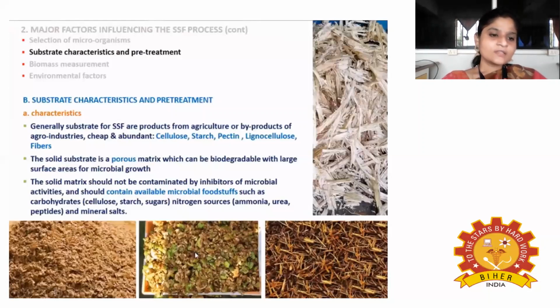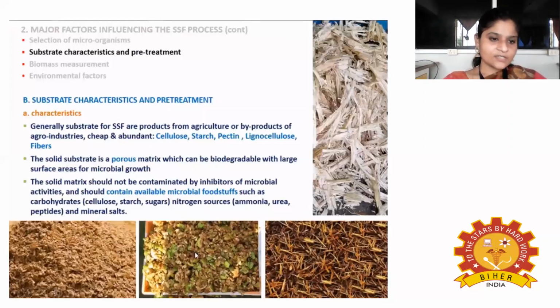Okay. Then the solid matrix should not be contaminated by inhibitors or microbial activities and should contain available microbial foodstuffs such as carbohydrates, nitrogen sources, and mineral salts. Yes, obviously. As I said, your microorganisms are going to utilize the nutrients that are present in your biomass, and then they're going to grow. So obviously your biomass should have this major characteristic that all the necessary nutrients should be there to support microbial growth.